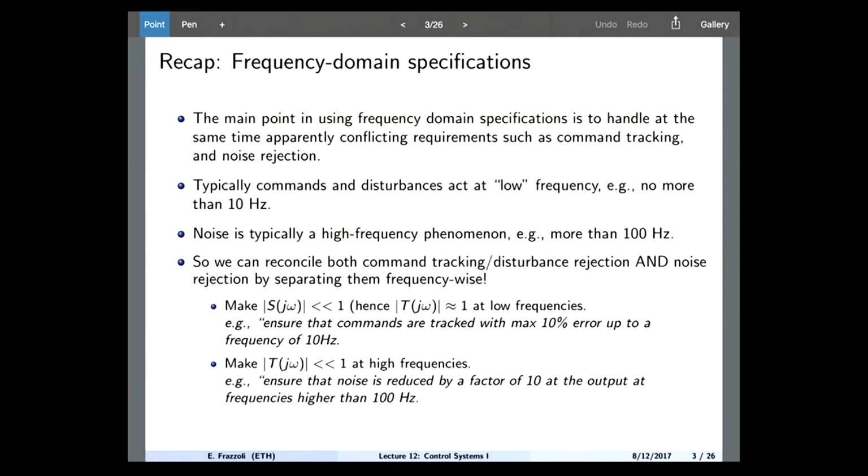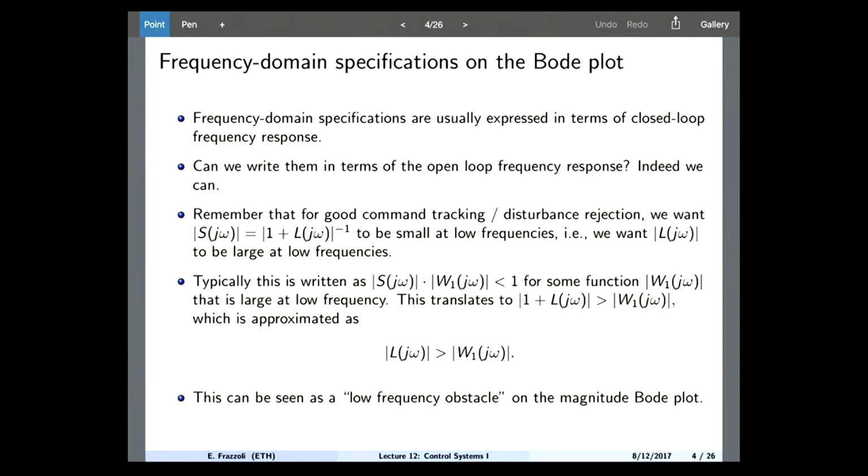On the other hand, you don't want the output to match the input at high frequencies, because everything you see in the input at high frequency is garbage. So what you want is the magnitude of this transfer function at high frequencies to be as close to 0 as possible. We cannot make it 0, so we will say just make it much smaller than 1. So, good.